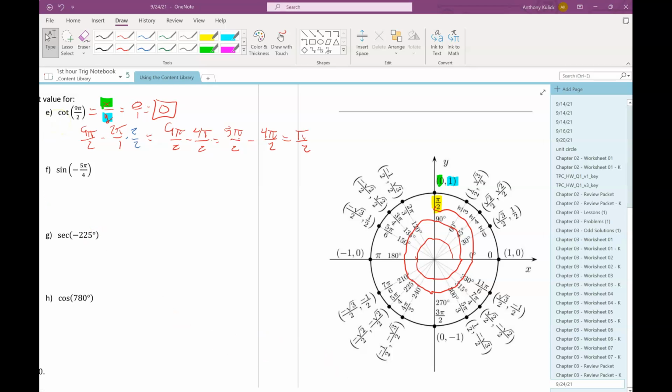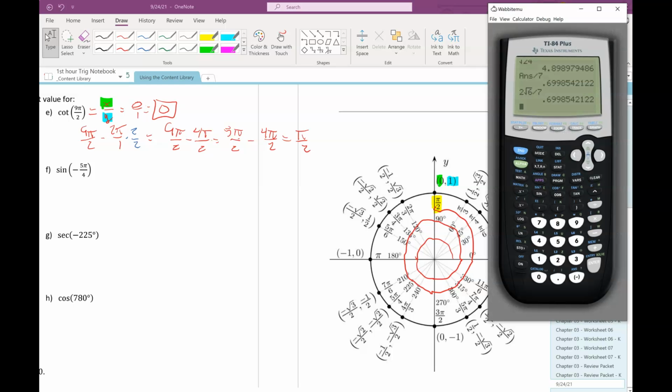Or you could do the arithmetic on your calculator. That would also be okay. So to do that, I'm going to ignore the pi's. So I'm just going to do 9 over 2 instead of 9 pi over 2. And instead of subtracting 2 pi, I'm just going to subtract 2. Let's do it.